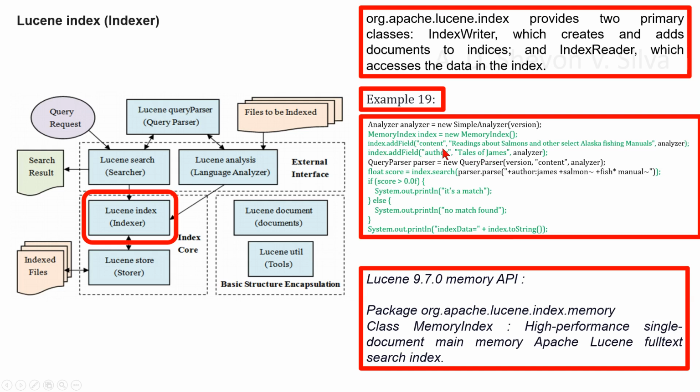Full text is tokenized, that is split and transformed into 0 or more index terms, also known as words, on addField, according to the policy implemented by an analyzer.